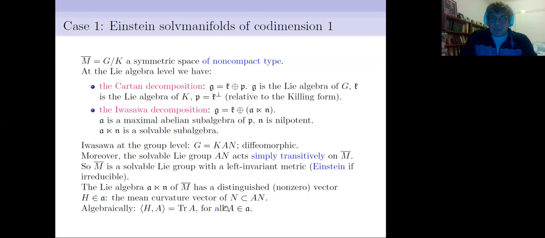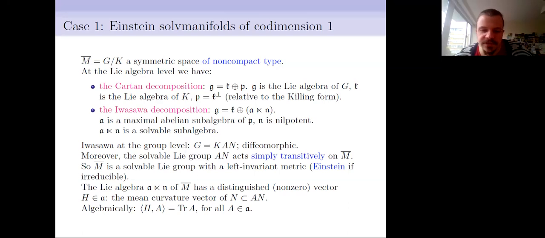So we just take any vector A from our abelian part, and then H is such that for any such A, we have this equation here, right? So in a sense, H is just perpendicular to the unimodular ideal of your solvable algebra, right?